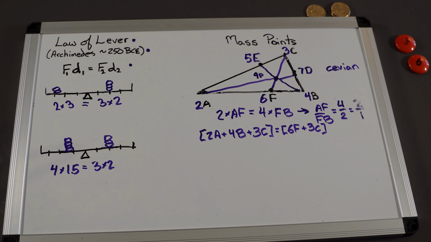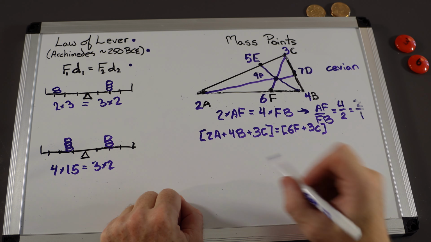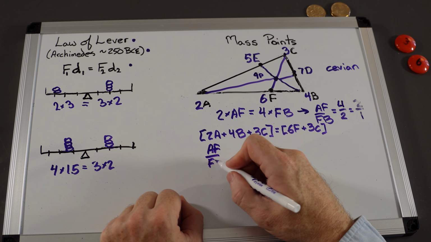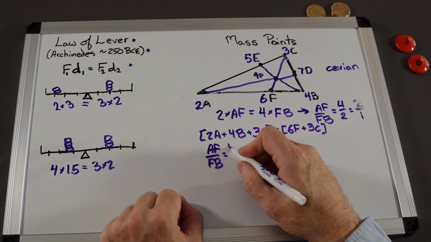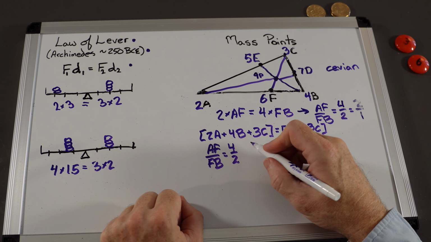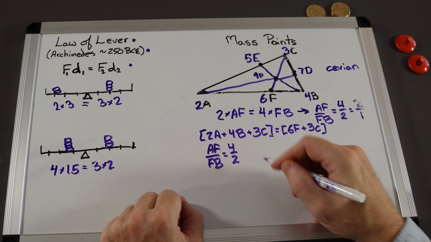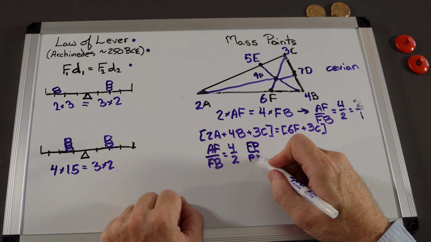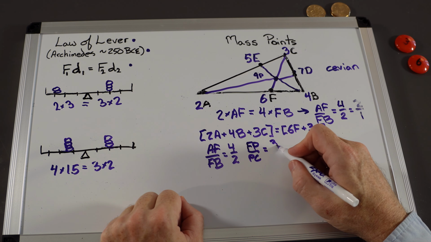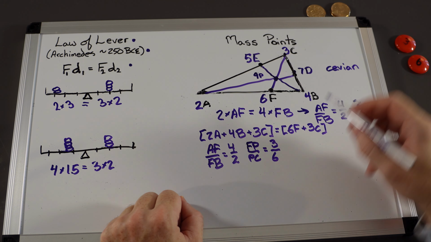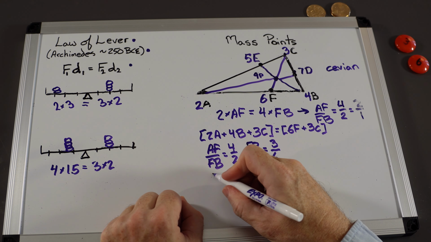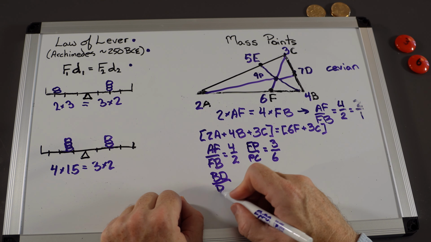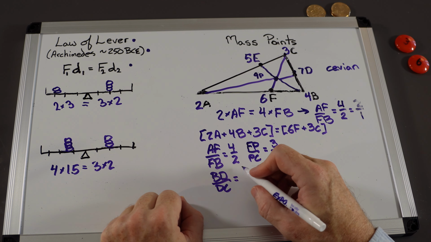Let me write them out. So on segment AB, AF to FB is in the ratio of 4 to 2. From foot F, FP to PC is in the ratio of 3 to 6. From side BC, BD to DC is in the ratio of 3 to 4.